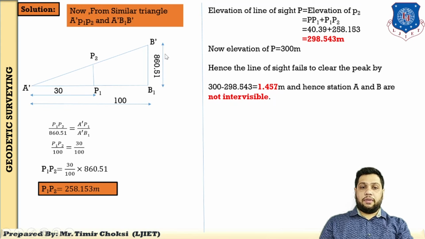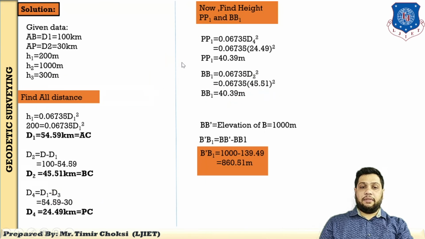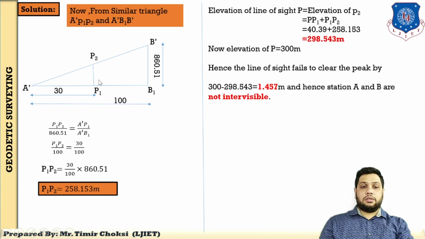So you try to find P1 P2. You know that the distance of A to P is 30 and A to B1 is 100. Solving this similar triangle equation, P1 P2 divided by 30 equals B1 B dash divided by 100. So you find the height P1 P2, and the answer is 258.153 meters from this triangle.